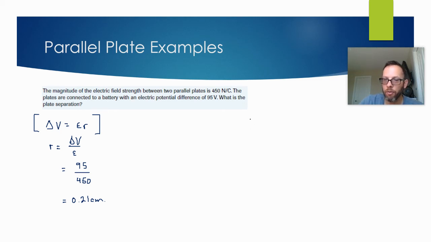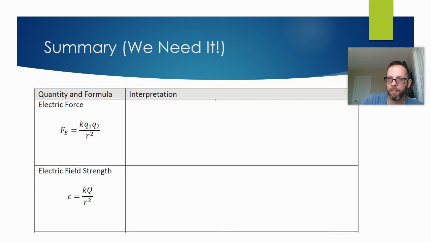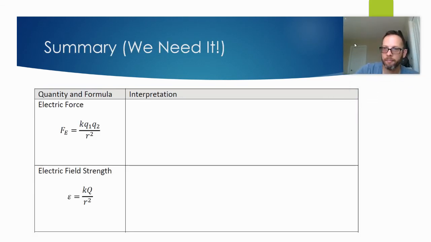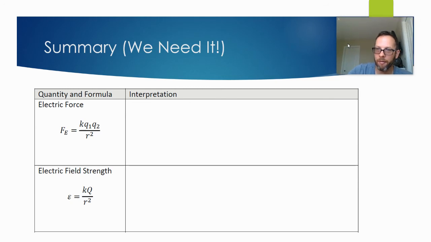What I usually like to do, because some of these concepts can be so abstract, is a little summary. So if you'd like to get these copied out, you can. I've had positive feedback when I've done this teaching the class face-to-face. So the first thing we learned with electric forces was electric force. And I think most people didn't have a problem with that.